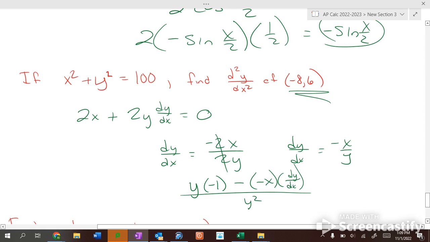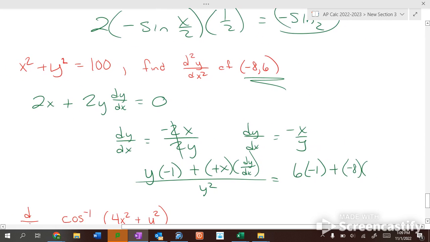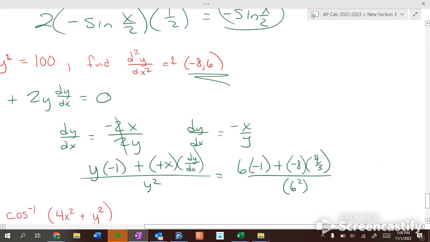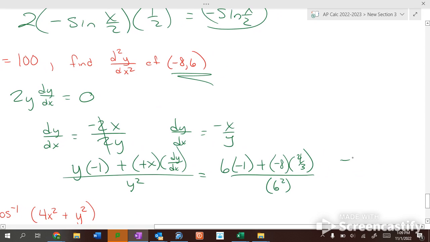So if you plug in the numbers, y is 6 times negative 1. If we go plus positive here, that'll help. Plus x is negative 8 times, what's dy dx? Negative of negative 8 over 6, which is 8 over 6, which is 4/3, over 6 squared. So it's negative 6 minus 32/3 over 36.